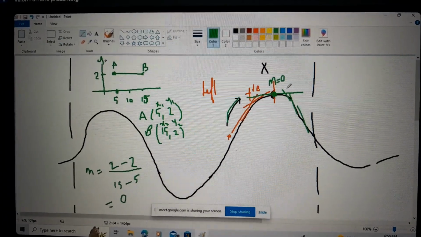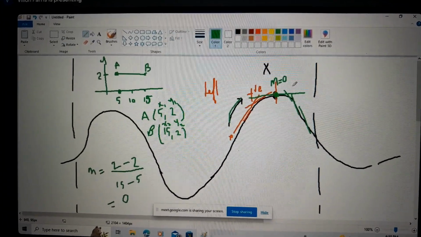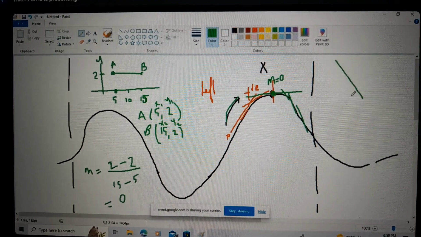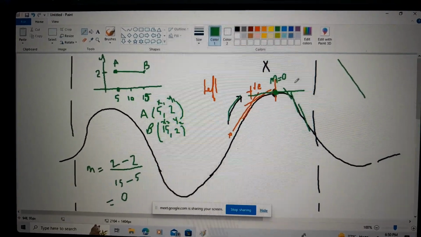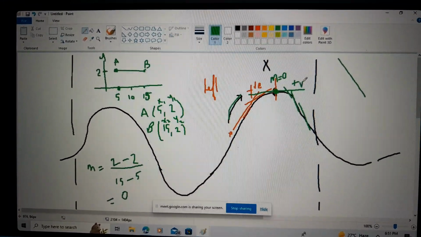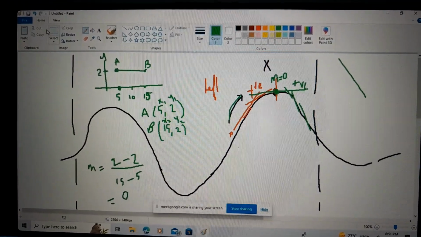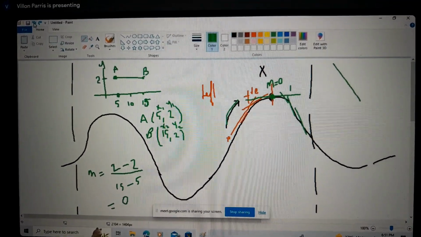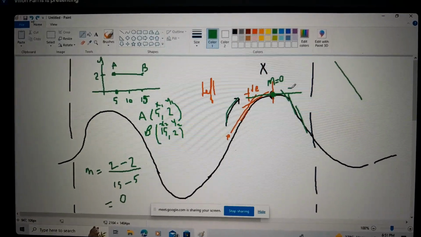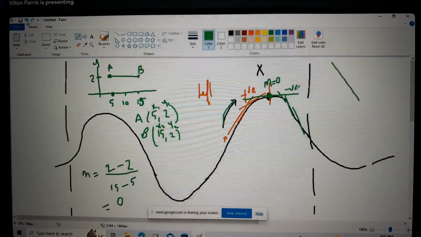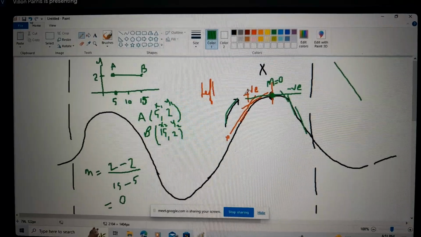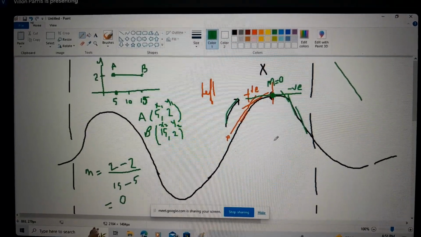It's going downwards, sir. Yeah, therefore you have a negative gradient. So why am I doing this? I want you to recognize the behavior of maximum points. So you know a point is maximum.